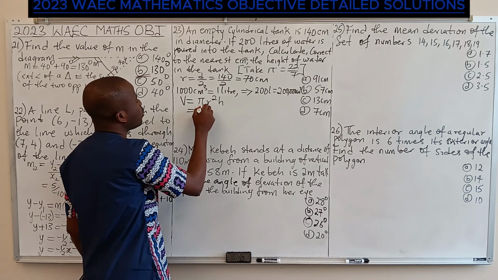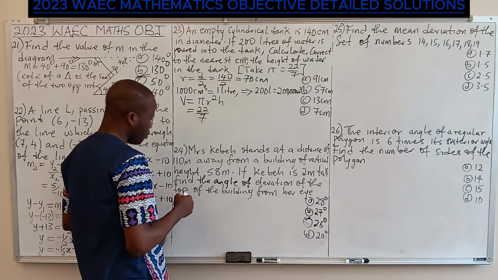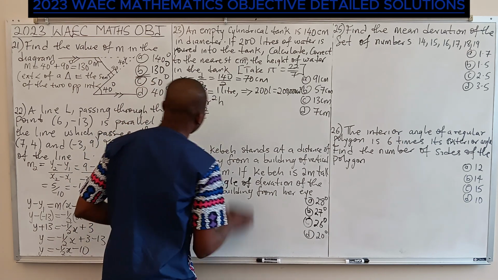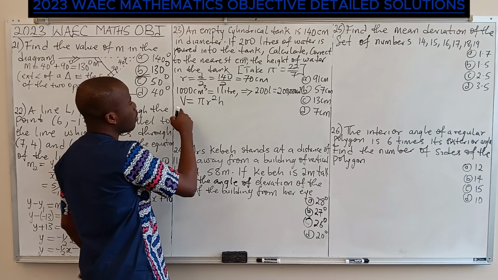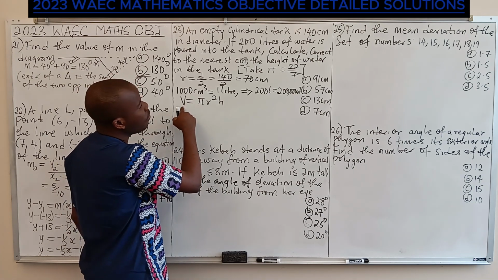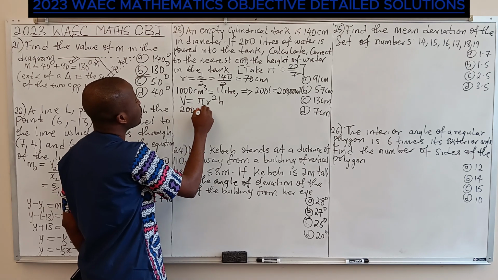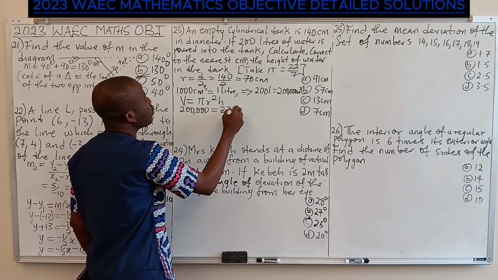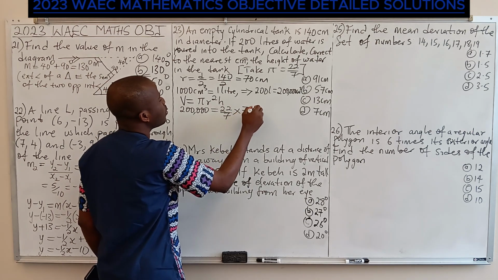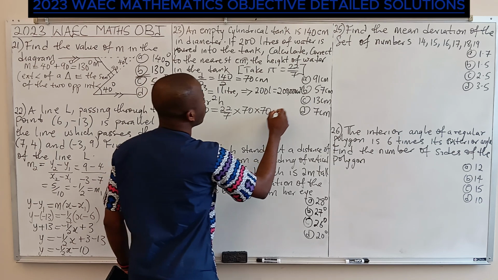So we have 22 over 7, and we are given V to be 200,000 cm cube. Pi is 22 over 7, radius is 70 square, and h is what we are looking for.